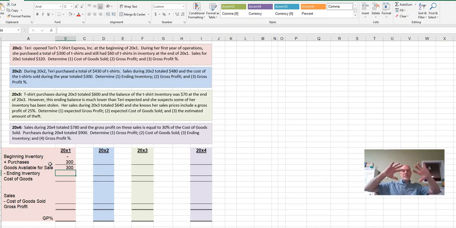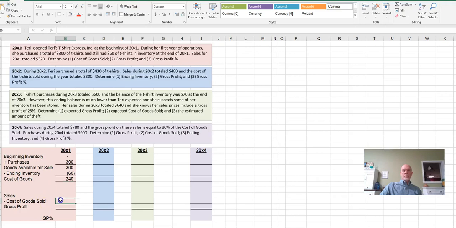That's the total cost of everything we had available for sale to customers. Of course, it wasn't all there at one time. Hopefully, we're buying and selling day by day, but we're just summarizing for the entire year here at the end. It says at the end, we still had $60 of t-shirts in the ending inventory. So we would subtract that 60, and we have $240 as our cost of goods sold.